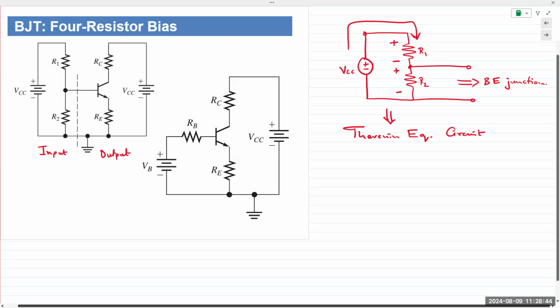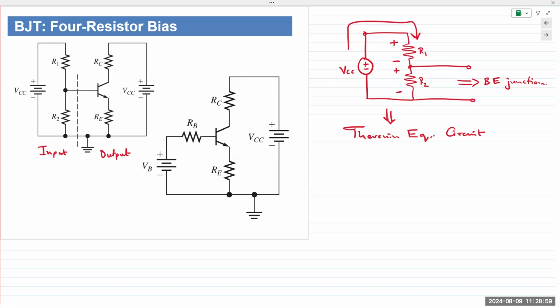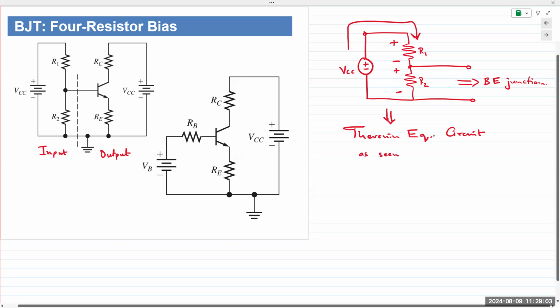So we need to find the voltage that is going into the base. And how do we do that? We find the Thevenin circuit, meaning Thevenin voltage, and the equivalent resistance that is seen by the base. So you find the Thevenin equivalent circuit as seen by the base emitter junction of that transistor.